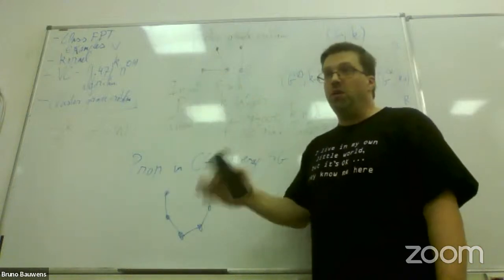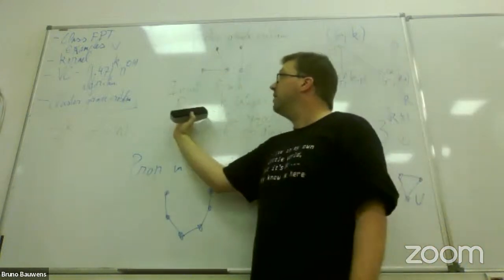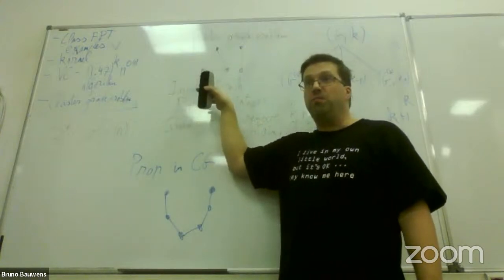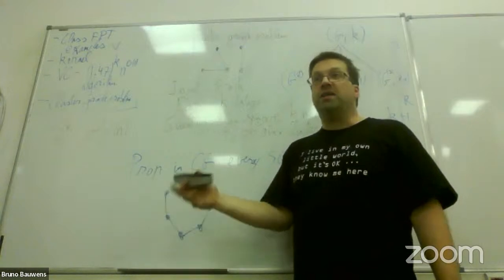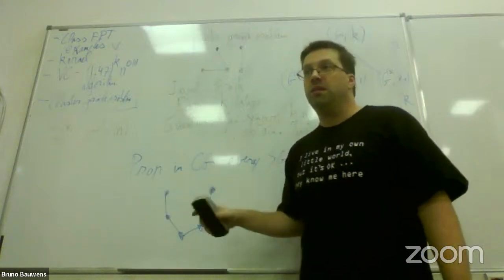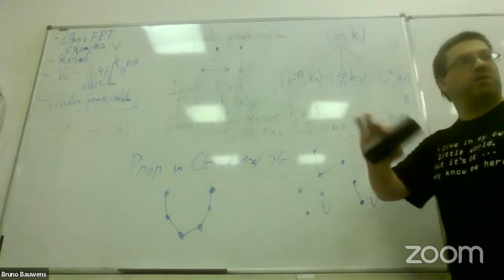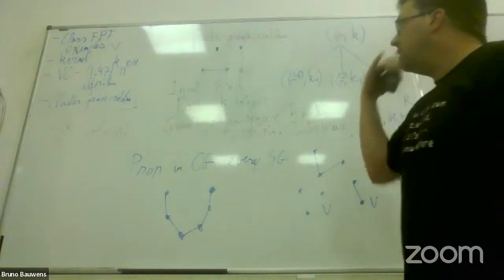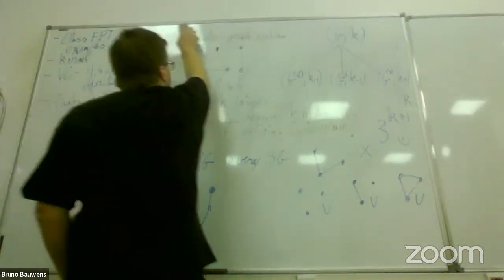We will almost always speak about the case where the parameter is part of the input. There was one exception when we speak about tree width, we don't make this assumption. But it's not this year, it's for people in February. Okay, so let us write the definition.